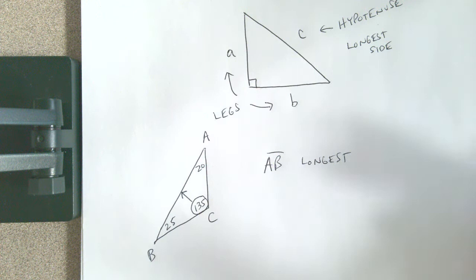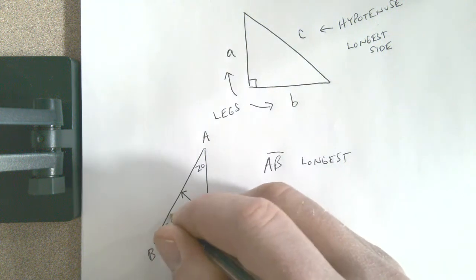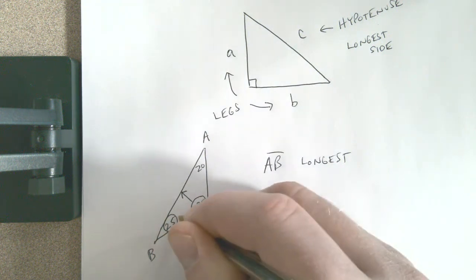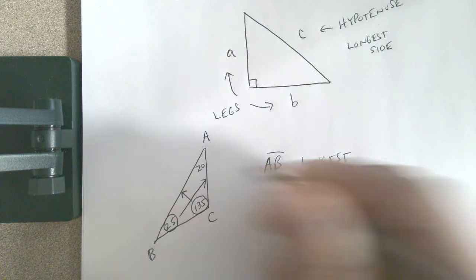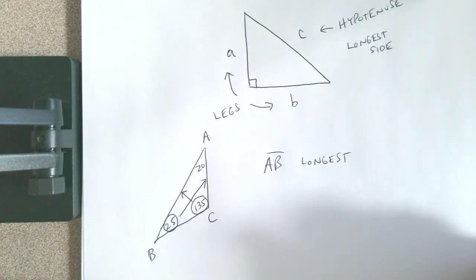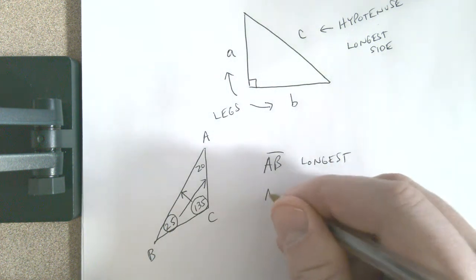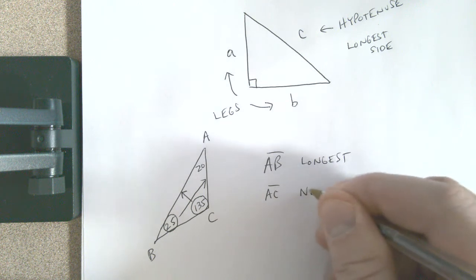So notice 135 is the biggest angle in the triangle. If I were to say, what's the next biggest side? Well, 25 is the next biggest angle, and the side opposite of 25 is AC. So AC would be the next longest.